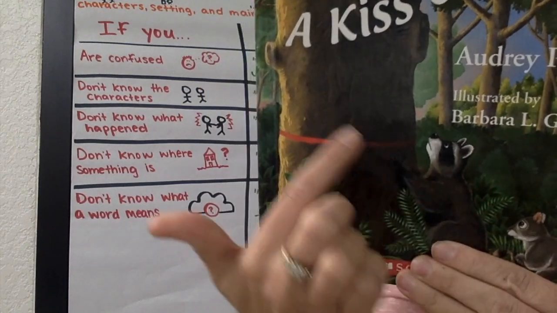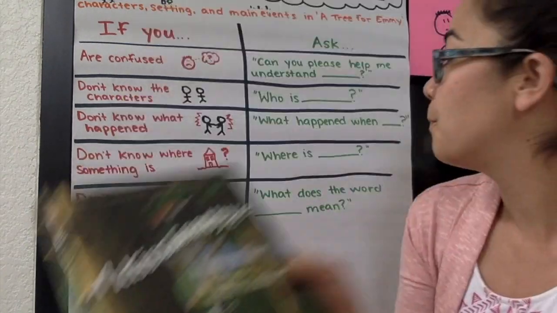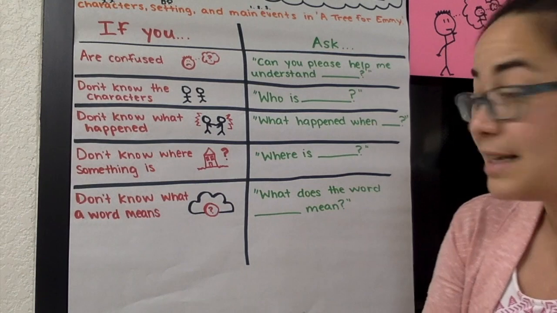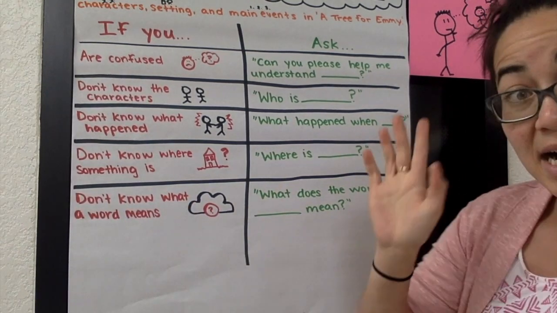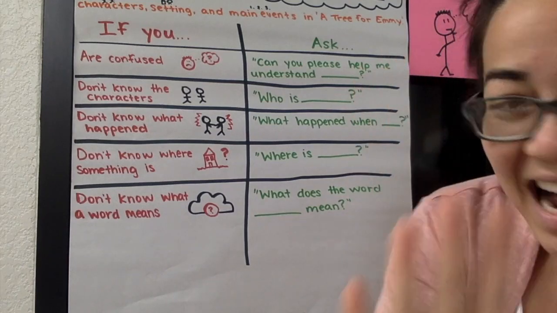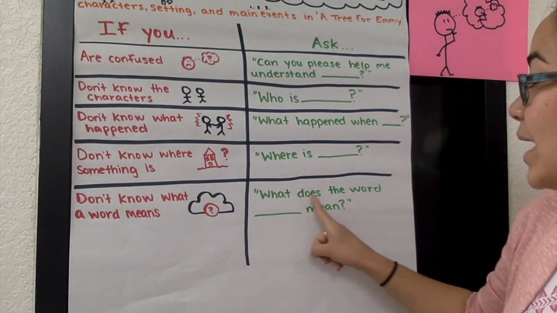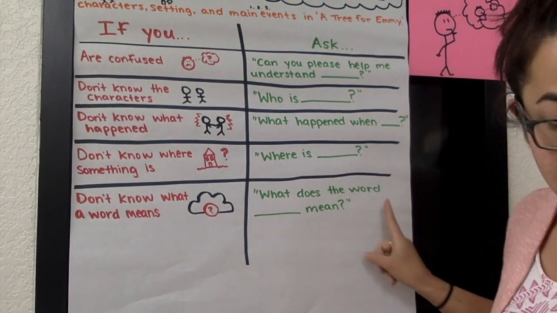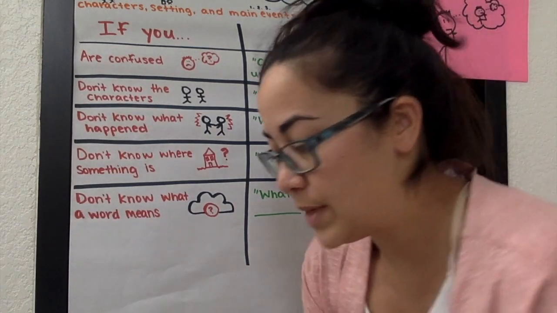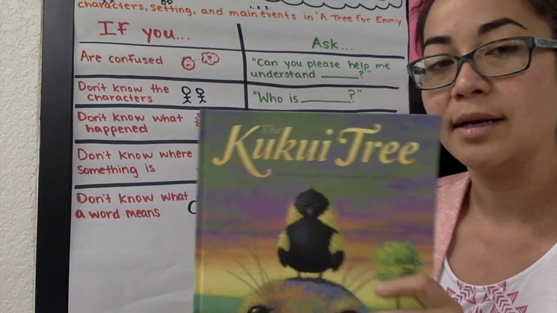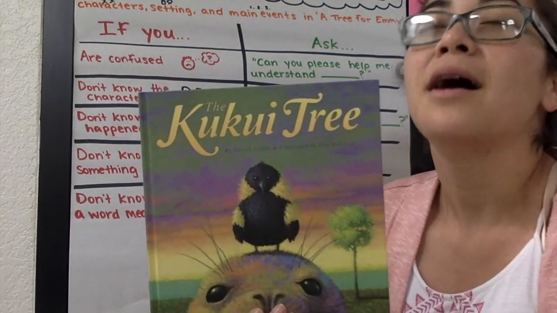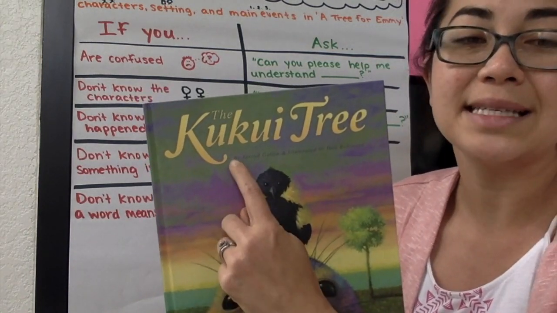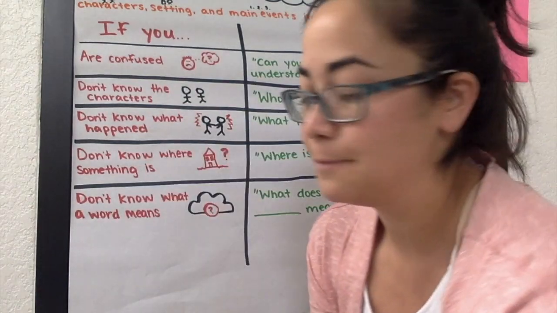Oh, he's standing outside his tree home. And finally, if you don't know what a word means, stop and ask, what does the word mean? Let me see. What about this one? Stop. What does kukui mean? Oh, kukui is the name of the tree.